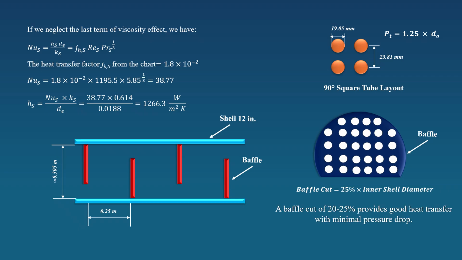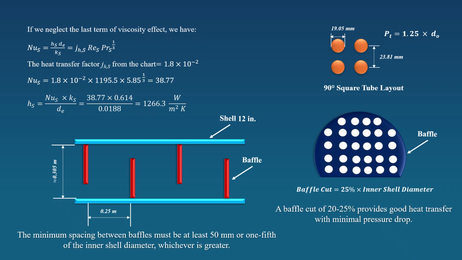In general, a baffle cut between 20 and 25% provides acceptable heat transfer coefficient and minimal pressure drop. And in general, the spacing between baffles should be a minimum of 50 millimeter, or in general, we may use 20% of the inner diameter of the shell. This is the final form of our example.